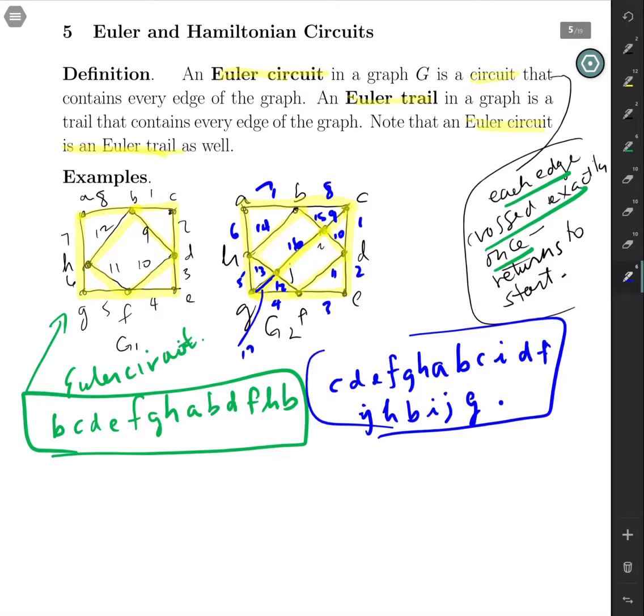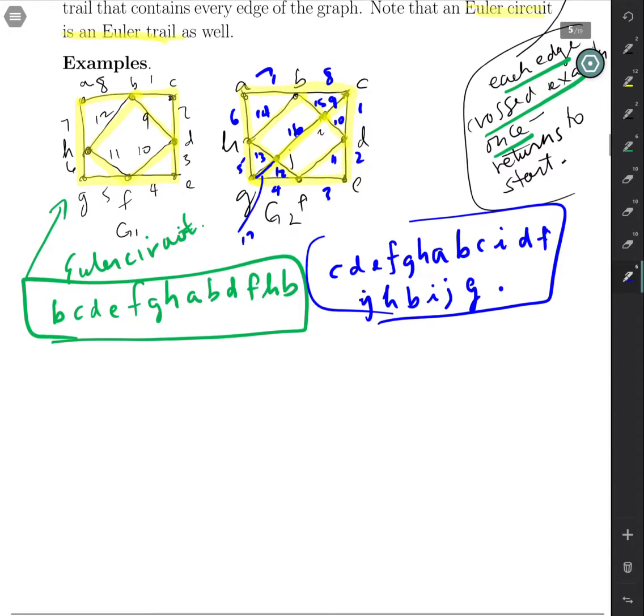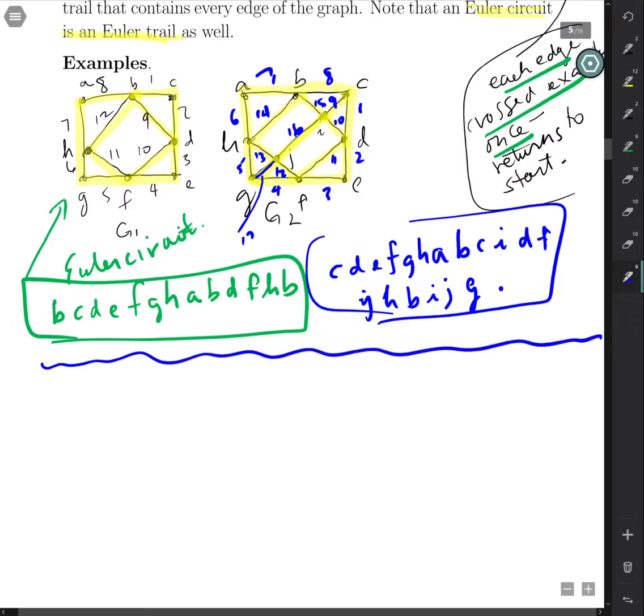Right, so we can actually characterize exactly which graphs have an Euler trail. First of all, they have to be connected. There's no doubt about that. And so if we think about when a graph has an Euler trail, let me just do a little preliminary. Let's suppose G has an Euler, actually I want to go for circuit first of all.